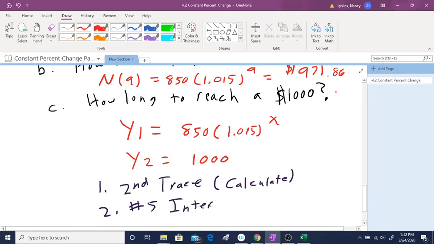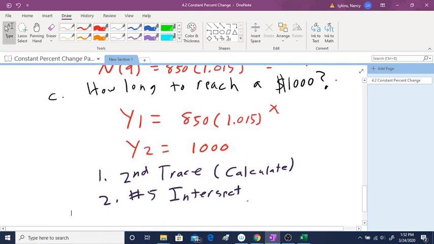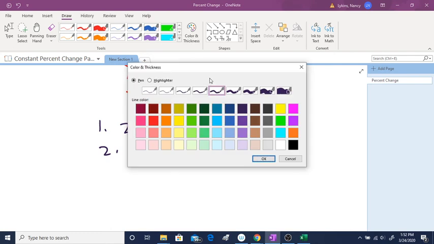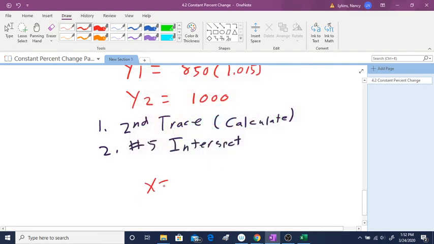So this should look pretty familiar to what we've done before. Then you continue to hit first curve, second curve, and guess, and it will give you an intersection. We're looking at what x will be. In this case, I come out to x equals something like 10.92.